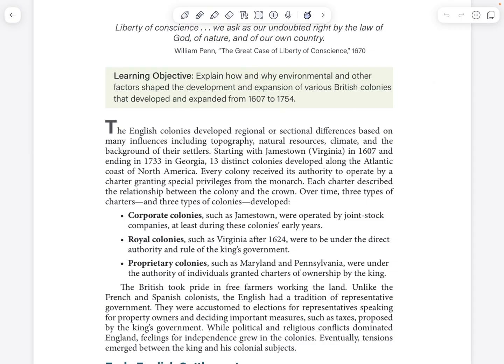Every colony received its authority to operate by a charter granting special privileges from the monarch. Each charter described the relationship between the colony and the crown. Over time, 3 types of charters and 3 types of colonies developed.